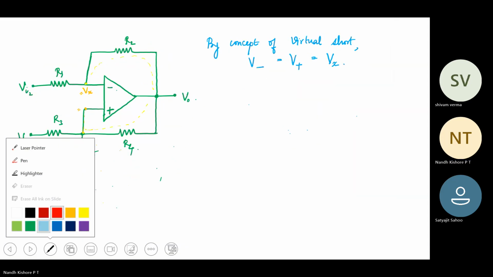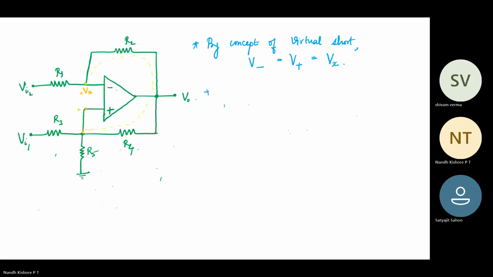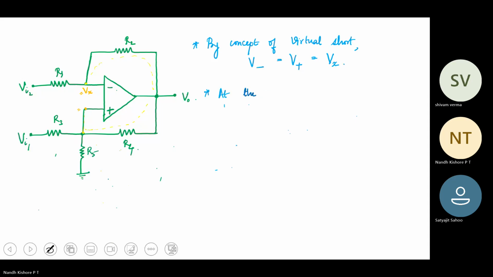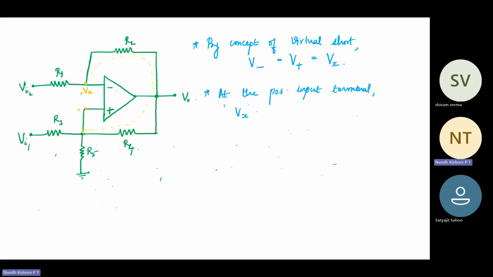So at the positive input terminal, you have Vx, which is again here also you have only Vx, right?